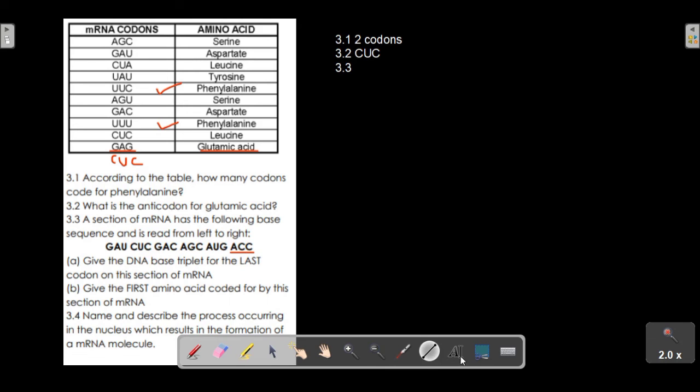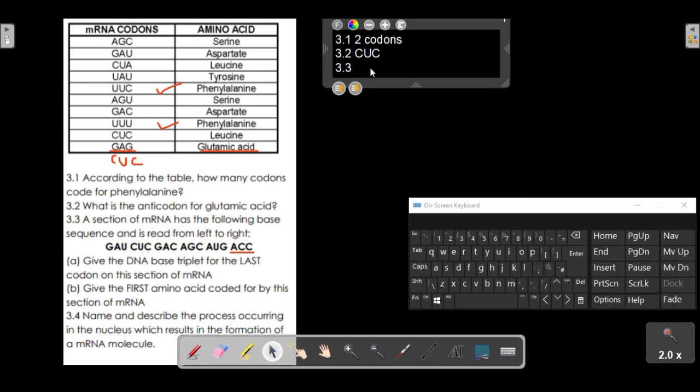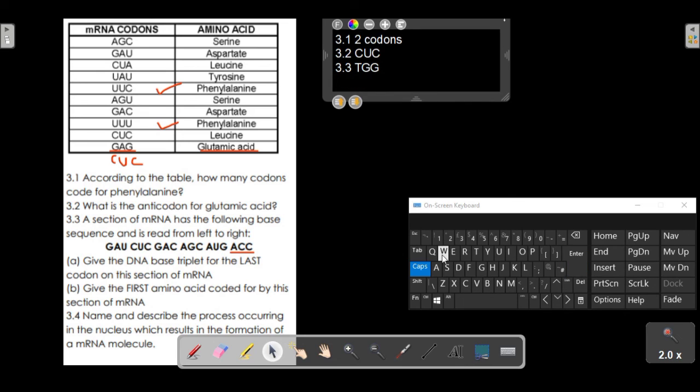So we're looking for a DNA triplet that is complementary to this. ACC will have to be TGG, right? TGG, thymine bonds with adenine. This cytosine bonds with guanine, both of those, okay? So this should be A, right? The way I'm making mistakes today.